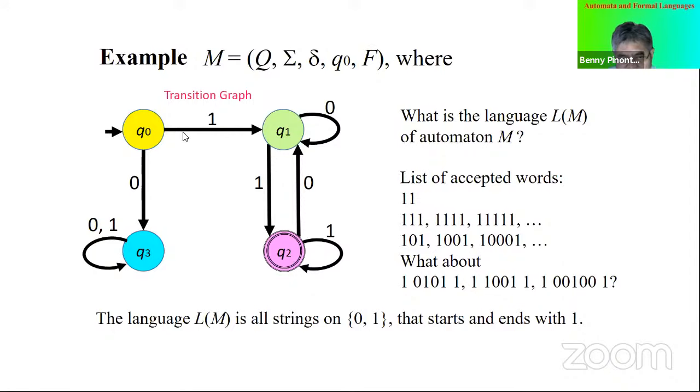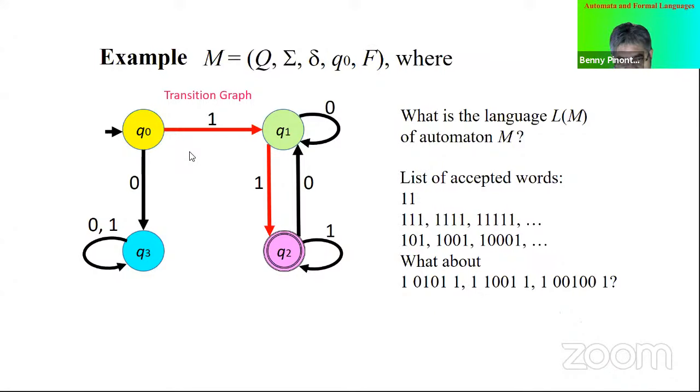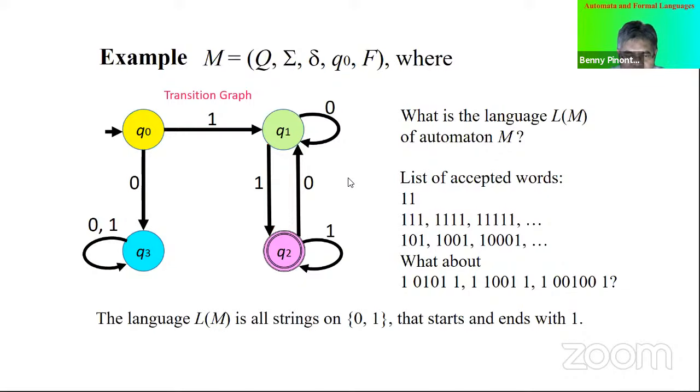That's why I indicate this with red. As long as you start with 1 and end up with 1, whatever the sequence or string in the middle is also accepted. So the language is all strings over 0 and 1 that start and end with 1.